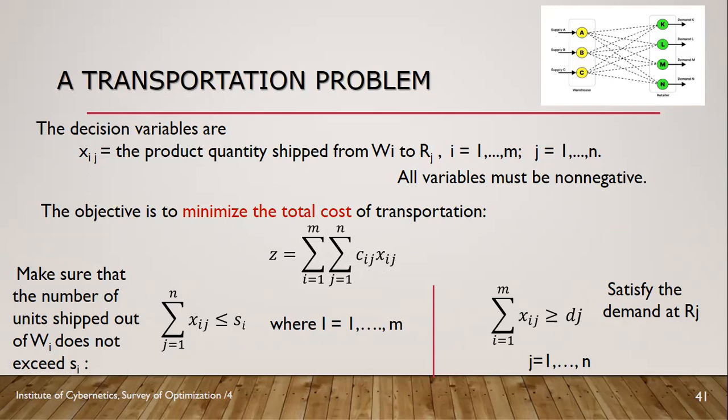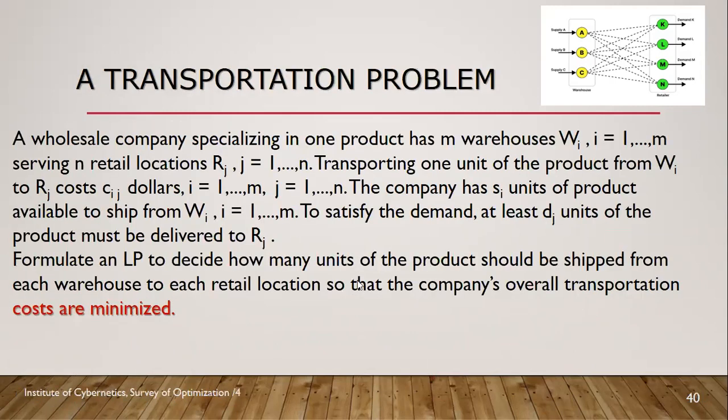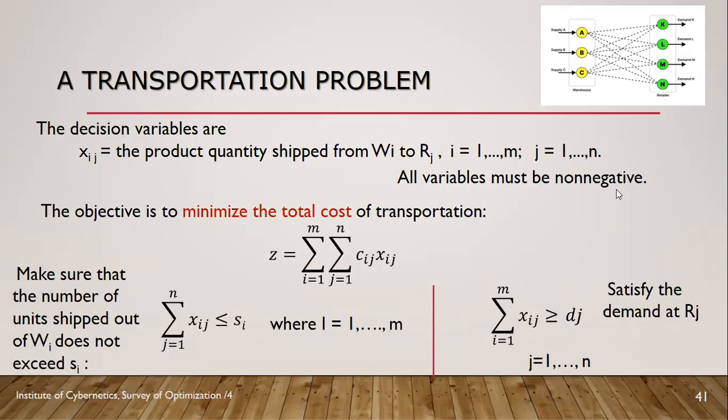of shipping. Then the constraints involved are such that the number of units shipped out of the warehouse does not exceed S sub I. Recall that S sub I is units available in the warehouse. So we cannot deliver more than we have. So this constraint is formulated algebraically as the sum of all x sub ij's over the j index from 1 to n, and it cannot exceed the available product.